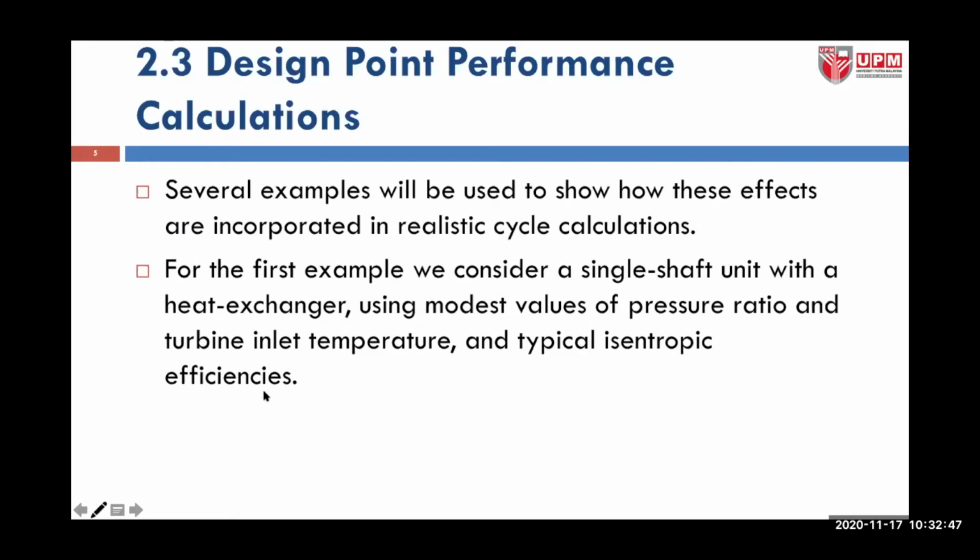We have 3 examples altogether, and for this particular presentation, we will look into the first one. We consider a single shaft unit with a heat exchanger, using modest values of pressure ratio and turbine inlet temperature and typical isentropic efficiencies.